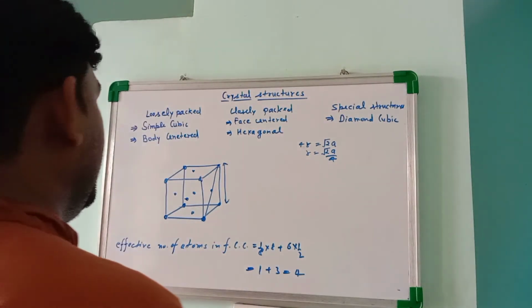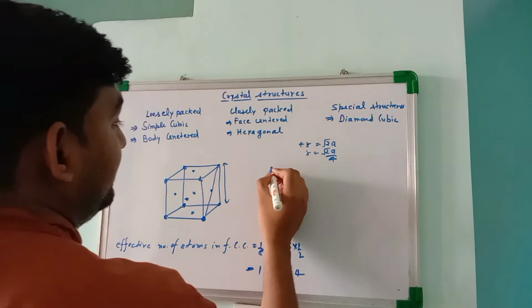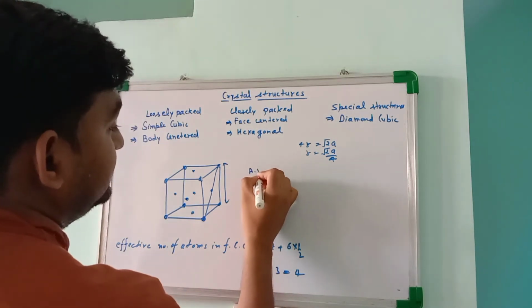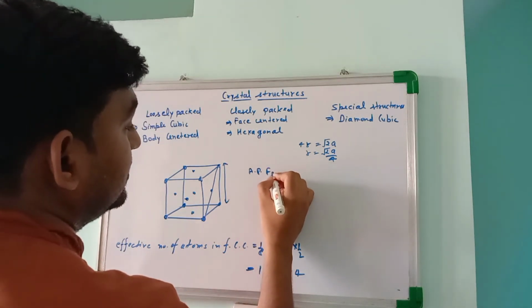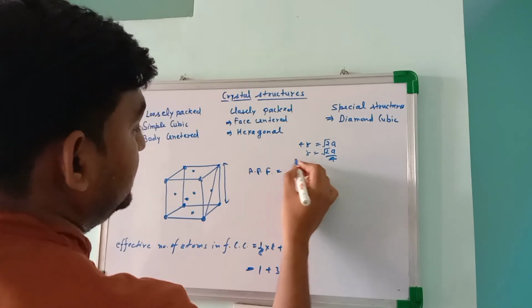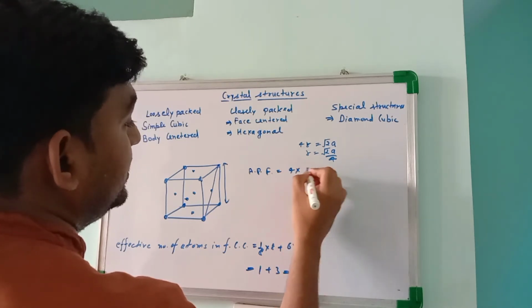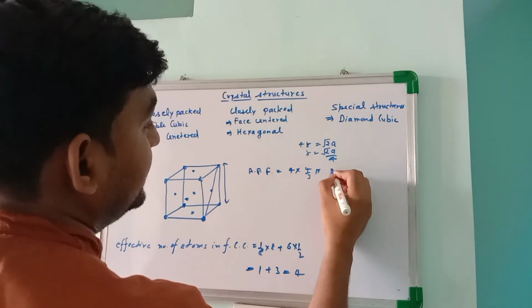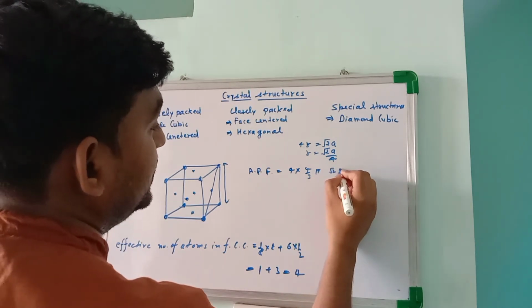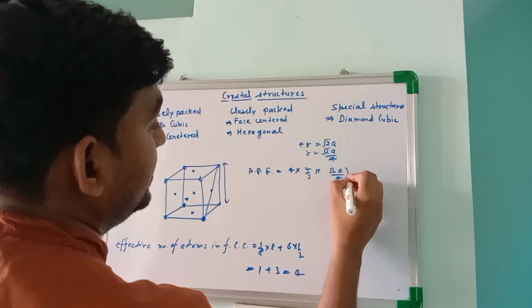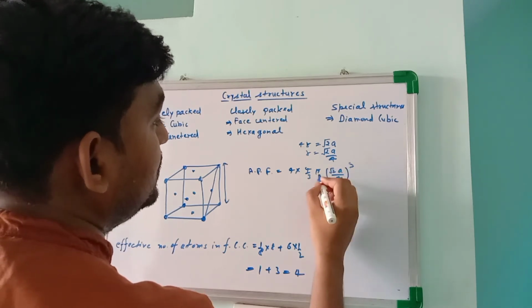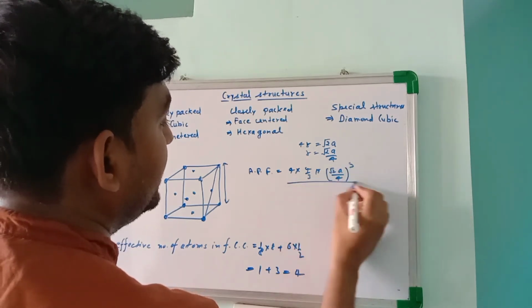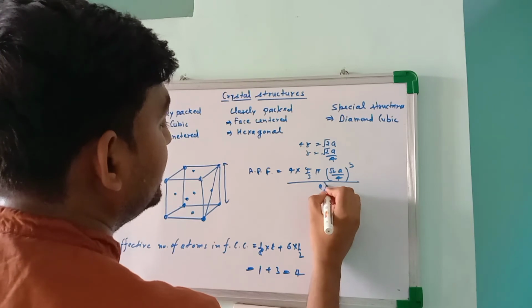Now we calculate the atomic packing fraction, which equals the effective number of atoms 4 into 4/3 π r³, that is (√2a/4)³, upon the volume of the unit cell, that is a³.